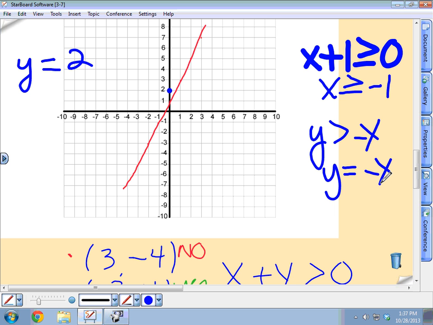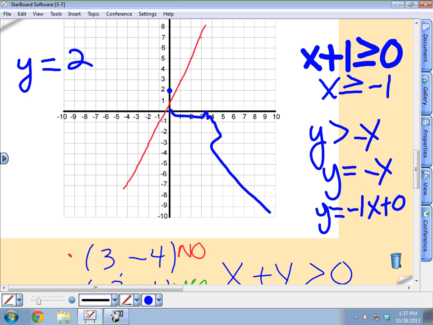It's already in slope-intercept form, right? This is telling you you have a slope of -1 and a y-intercept of 0. They just don't write that in there. So you know it crosses the y-axis here. And what does a slope of -1 look like? It's a ski slope where you go over 1 and down 1 every time.